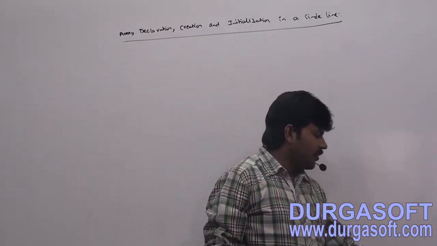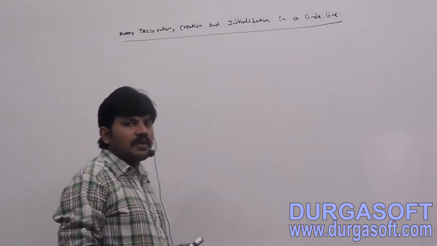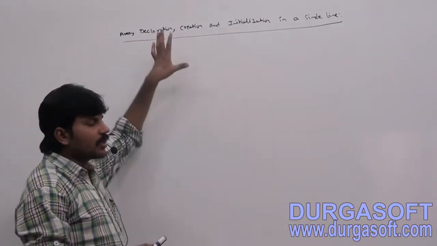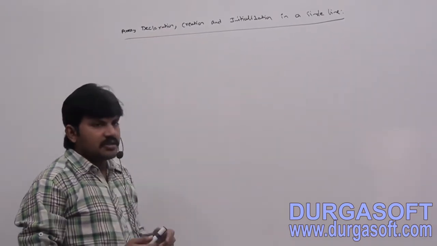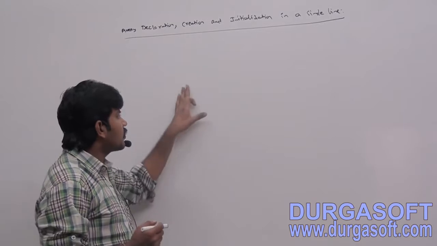Single line. Have you observed? It is one shortcut representation for us. You can declare, create, and initialize in a single line. It is one shortcut representation, right?